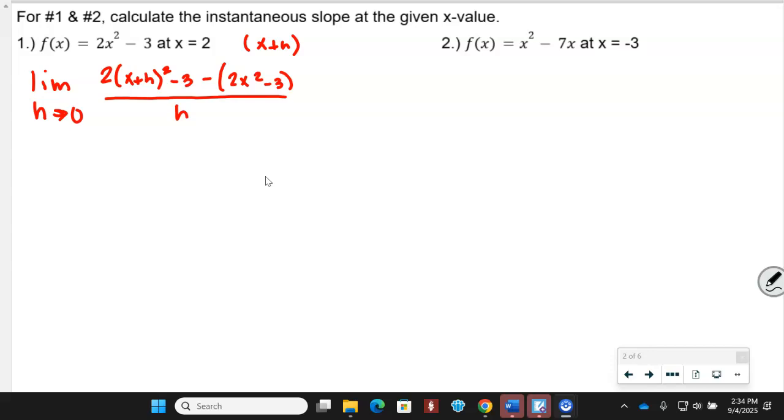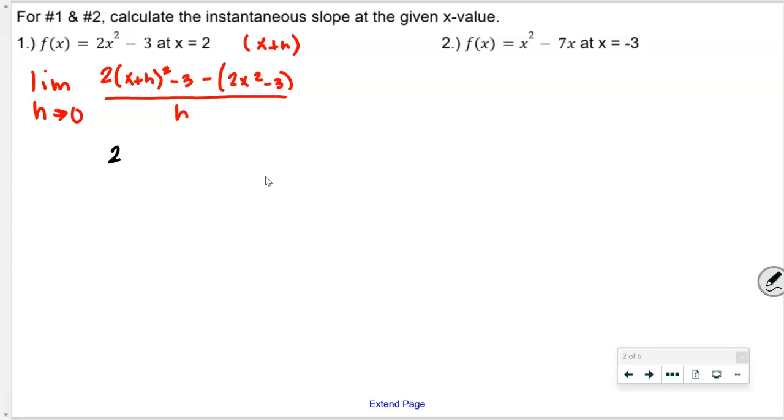So this is 2 times... sorry, I didn't mean to put that in black. Hold on. 2 times x squared plus 2xh plus h squared minus our 3. Then I'm just going to go ahead and apply that negative to minus 2x squared and plus 3.